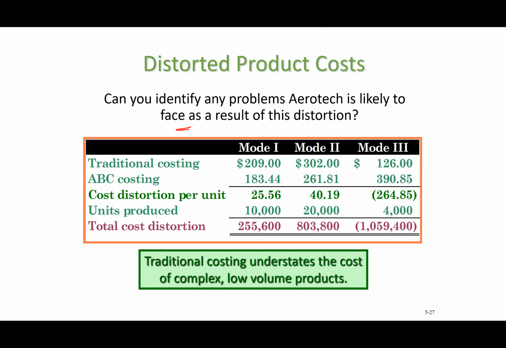So they put more cost to Model 1 than Model 3, because Model 3 only got 4,000 units. Again, it is over-costing the high volume product and under-costing the complex and relatively low volume product, which does more because it's complex, it involves more activities. And under the ABC, we understand the more activities you engage in, the more cost there is going to be. So the high volume product basically subsidizes the low volume product.